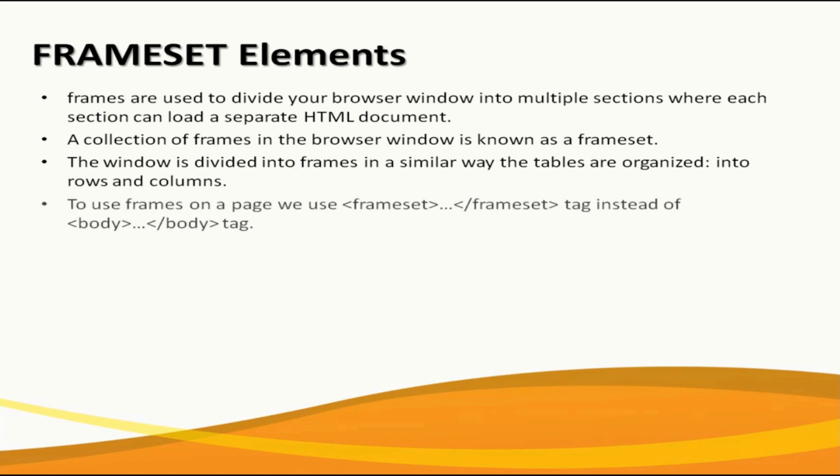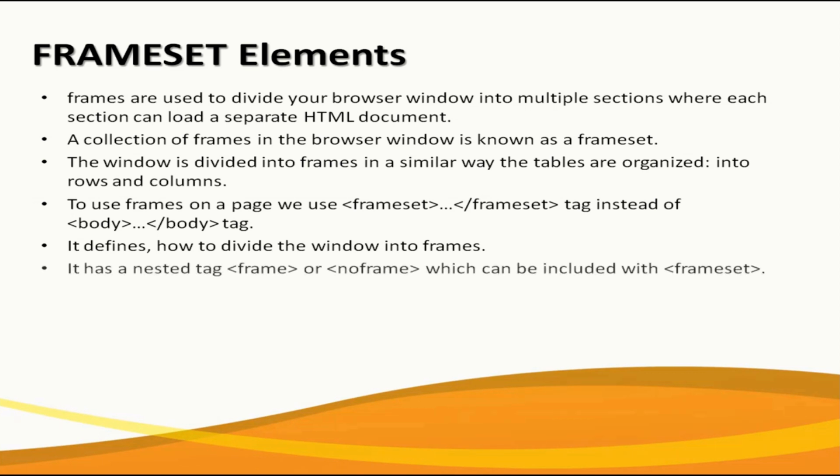To use frames on a web page, we use the frameset opening and closing tag instead of the body opening and closing tag. It defines how to divide the window into frames. It has a nested tag, frame or noframe, which can be included with frameset. Please note that HTML5 does not support the frame tag, so do not use this element in HTML5.